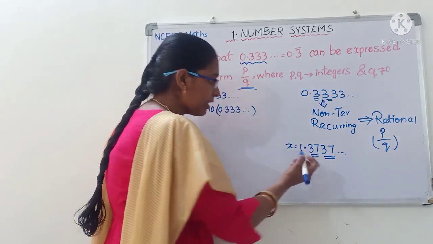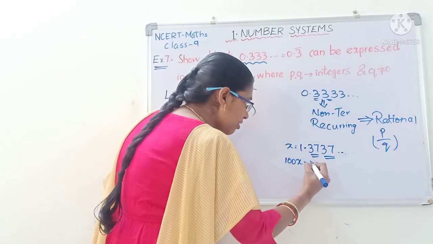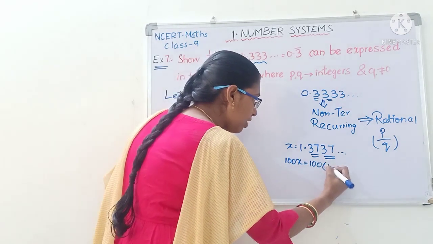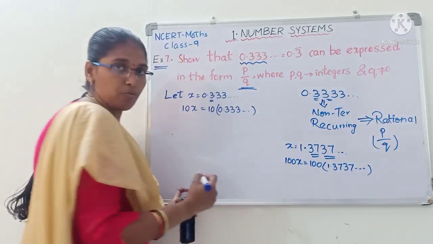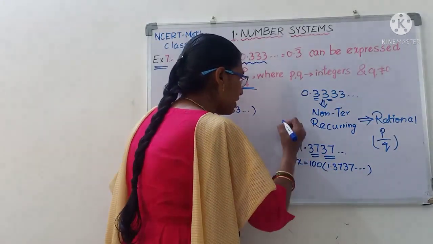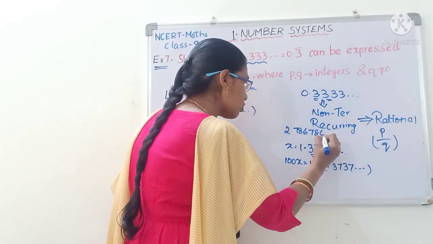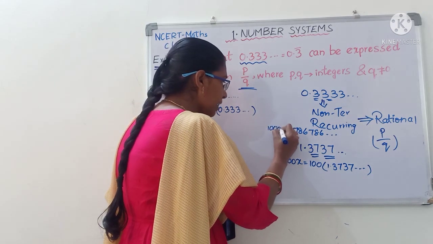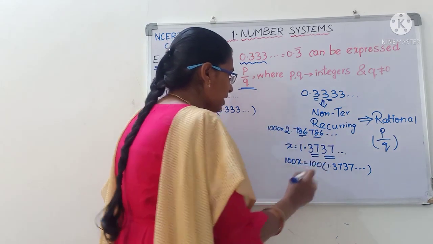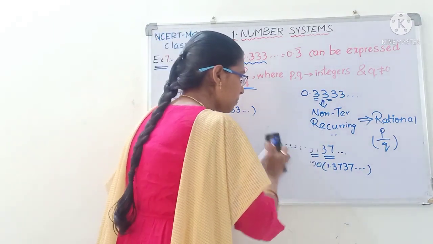We will multiply both sides by 100. If 3 digits are repeating, if it was 2.786786 and so on, we will multiply both sides by 1000, because 3 digits are repeating.